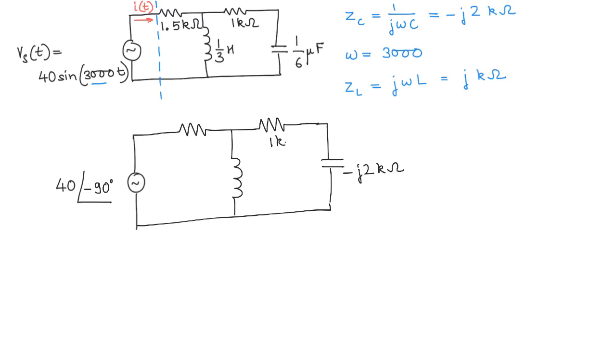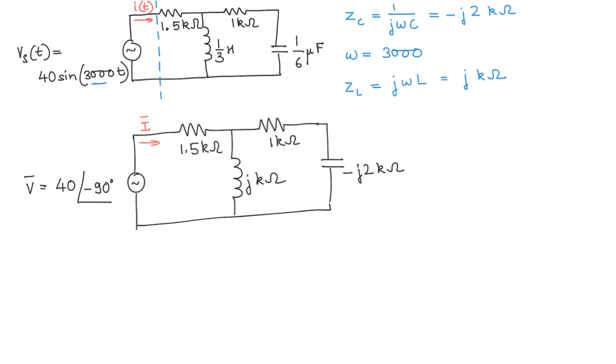This is 1 kilo ohm, this is j kilo ohms, and that's 1.5 kilo ohms. We need to find out IT, but, oh, I'm sorry, we don't want IT, we want the current in the phasor notation. So we are looking at I. And maybe just for completeness, we write V equal to this.